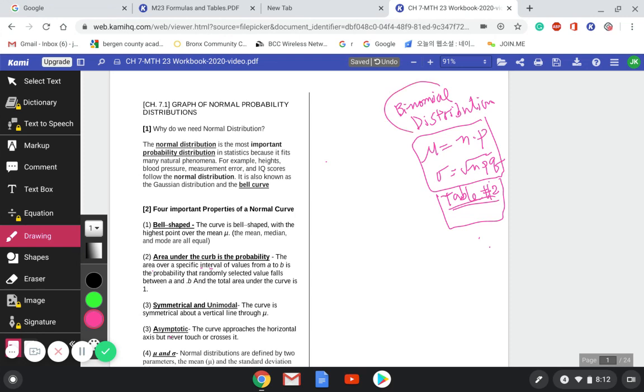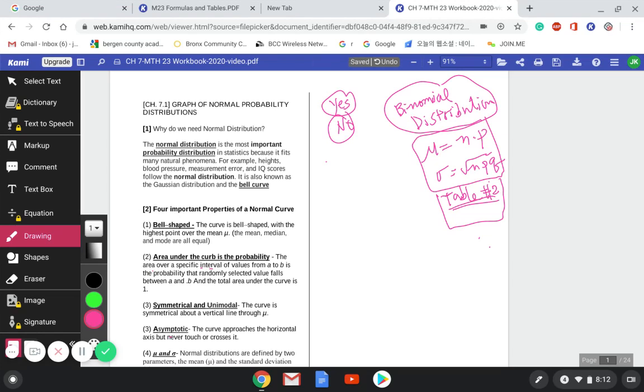The binomial distribution is when you have only two cases, yes case or no case, we use this binomial distribution. And it was very useful.